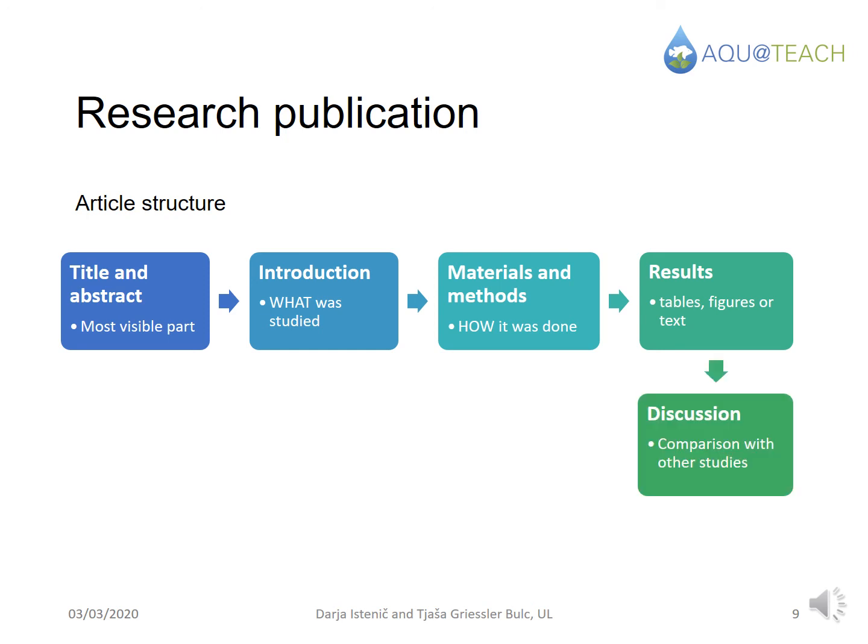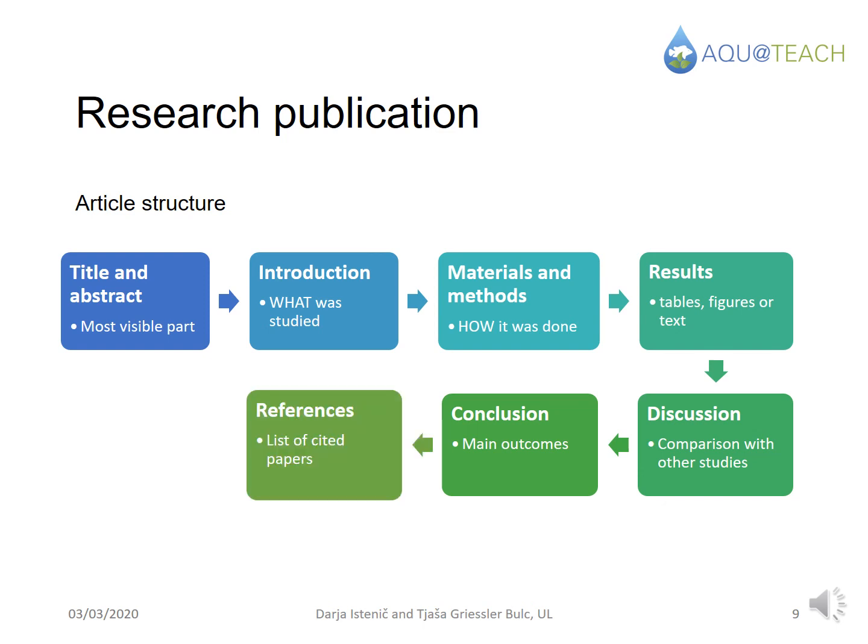In discussion, we explain the results and compare them with other studies and confirm or reject the hypothesis. In conclusion, we sum up the main outcomes and in reference list, we list all cited literature. The publication is then ready to be submitted to the selected scientific journal.